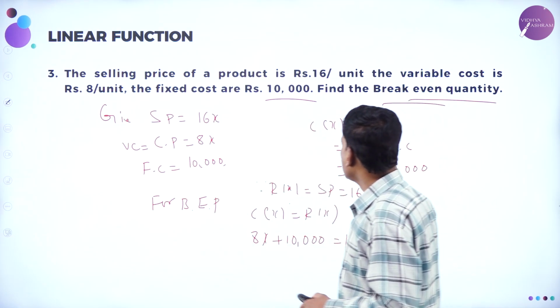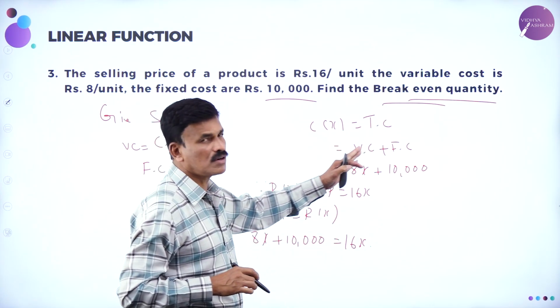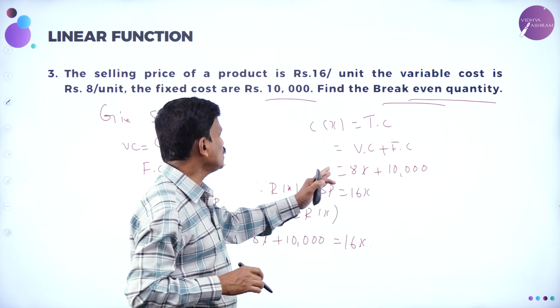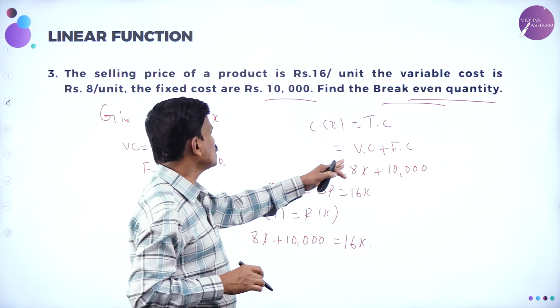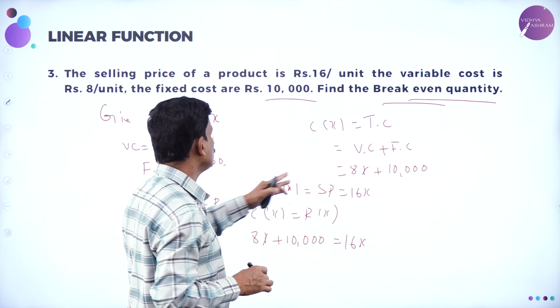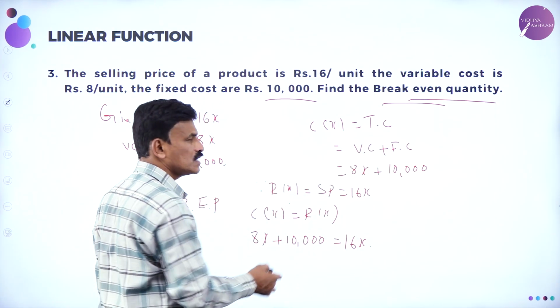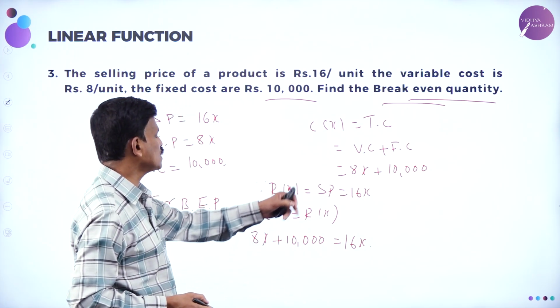Now, we know that C of x is also equal to TC. TC is nothing but variable cost plus fixed cost, VC plus FC. What is variable cost? Variable cost is equal to 8x, that is nothing but CP, and the fixed cost is 10,000. Since R of x is also equal to SP, that is nothing but 16x.